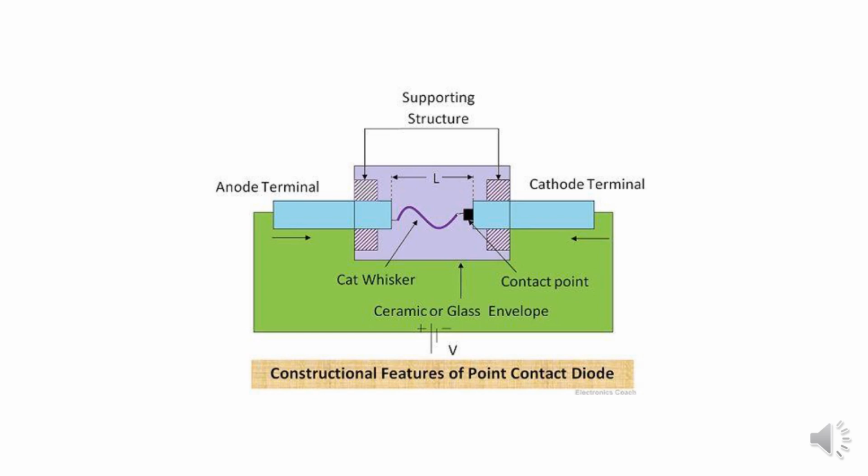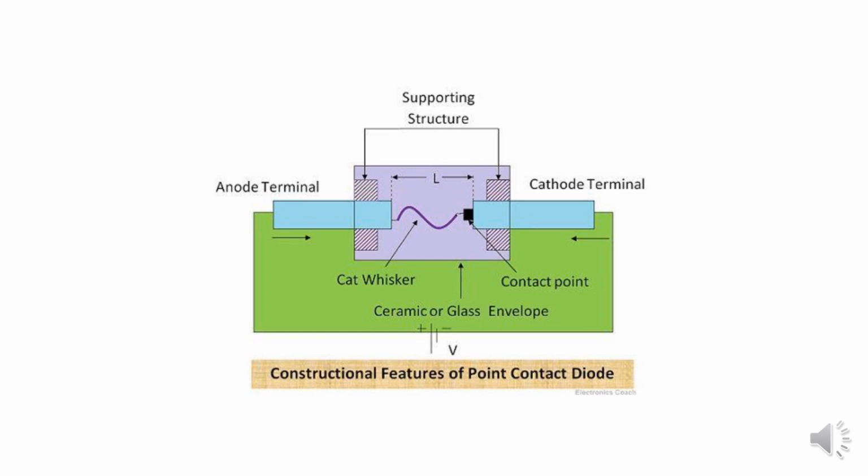Now the working of the point contact diode. When forward bias is applied to the point contact diode, the current produced in the device passes through the cat whisker, and due to this the tungsten wire gets heated. Due to this heating the wire undergoes deformation, so a small gap is deliberately left for the expansion of the wire under the large current.